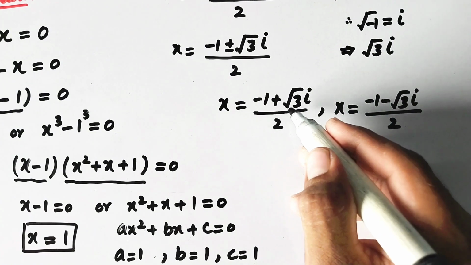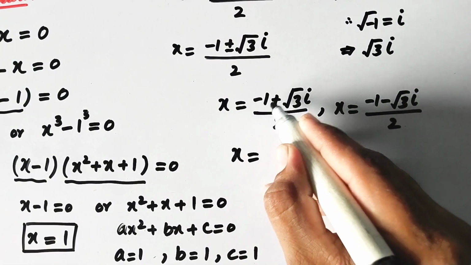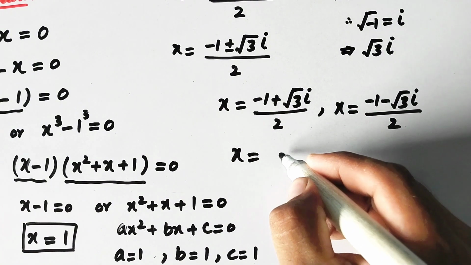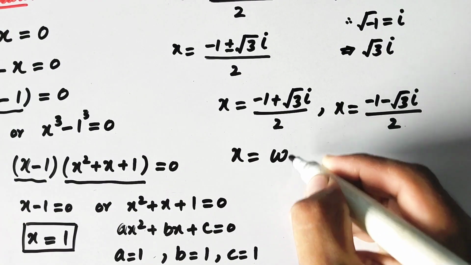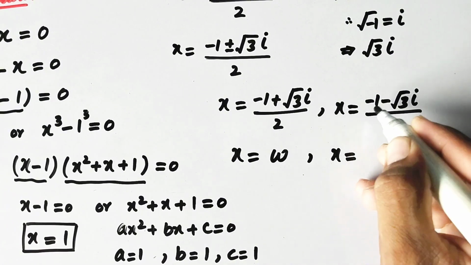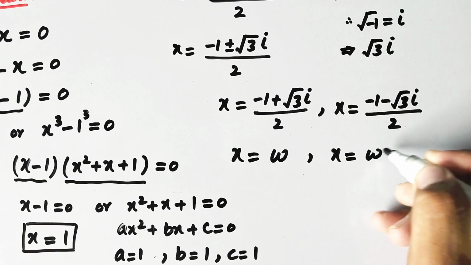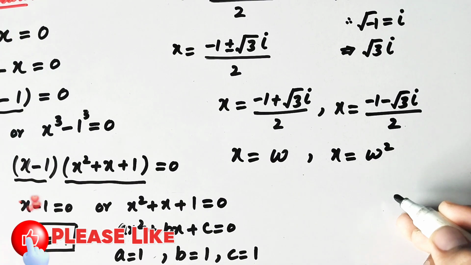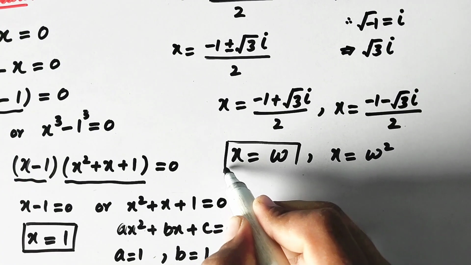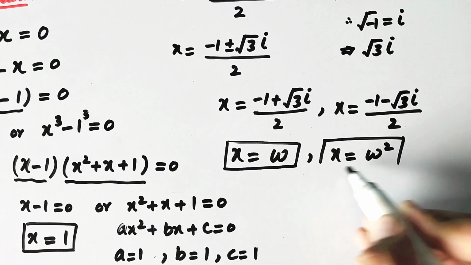I hope you are well known to that, as this value minus 1 plus root of 3 times i over 2 is equal to the imaginary number that is called omega, while this value minus 1 minus root of 3 i over 2 is equal to omega square. So here we are getting two roots of x further, omega and omega square.